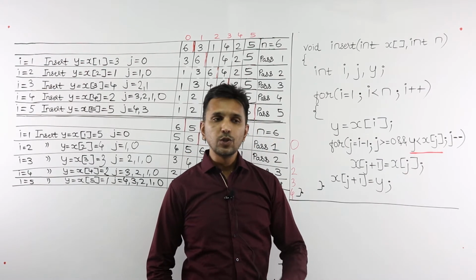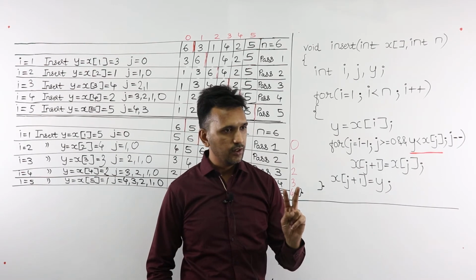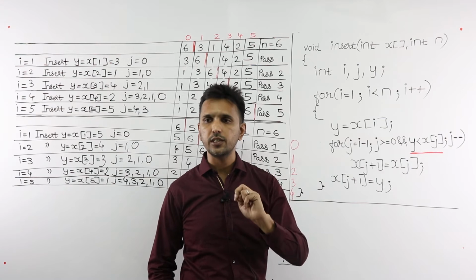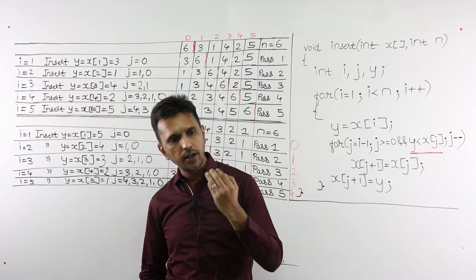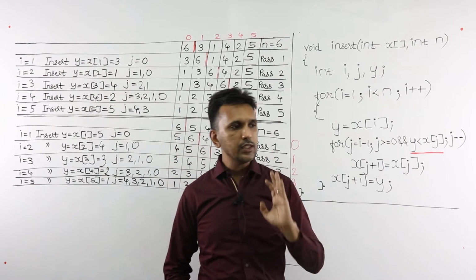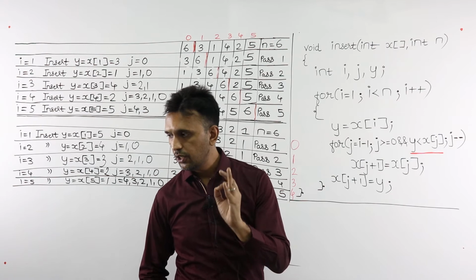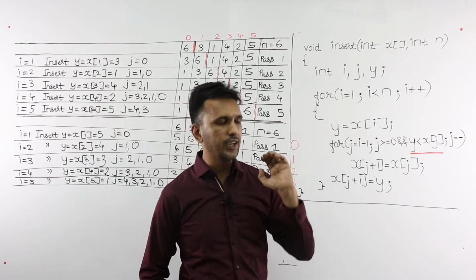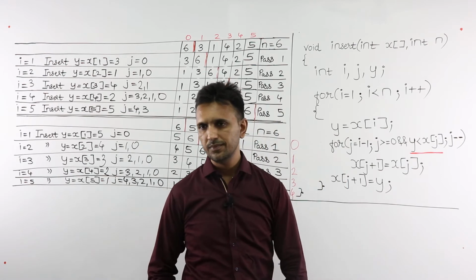Now we will analyze insertion sort twice, for best case and worst case. What is the meaning of best case in general? Best case considers those conditions, those factors under which the algorithm takes minimum time.